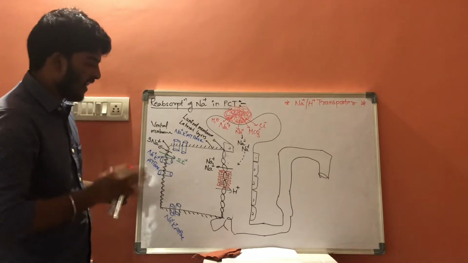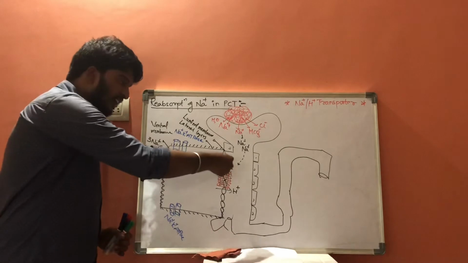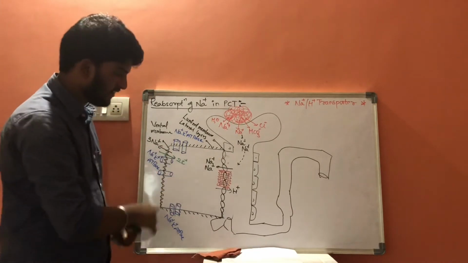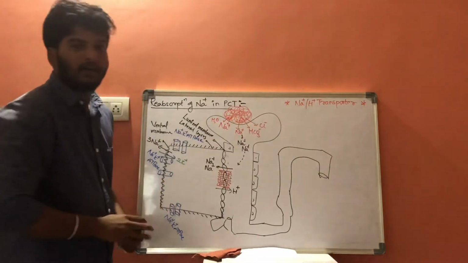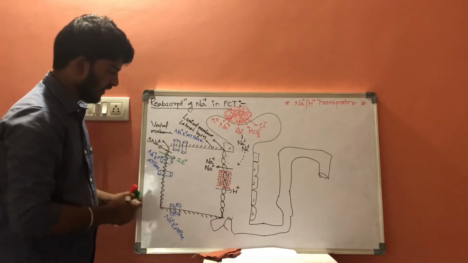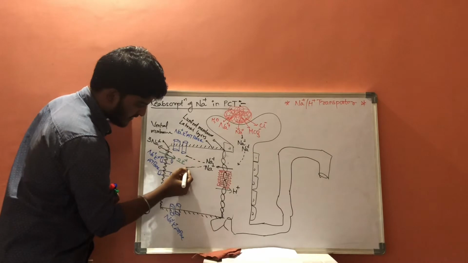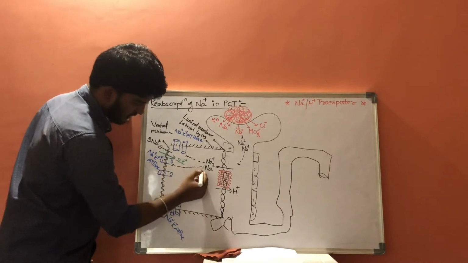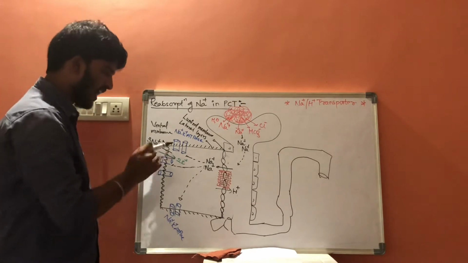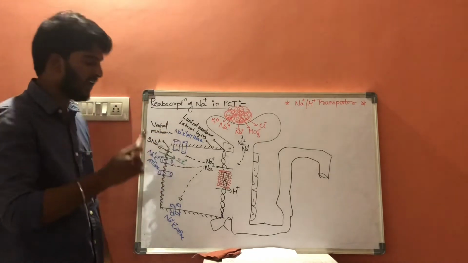So as the sodium ions are entering inside of this epithelial cell with the help of this sodium proton transporter, these sodium molecules will reach the sodium potassium ATPase. As a result, they will attach to the sodium potassium ATPase and there will be efflux of sodium ions.